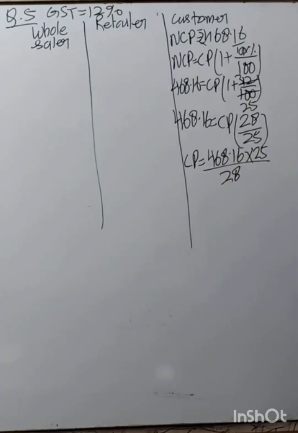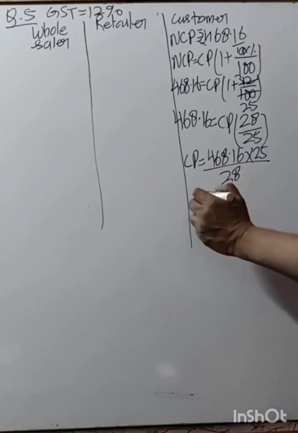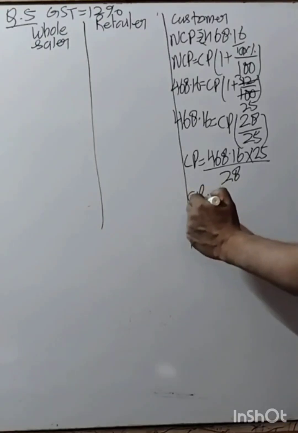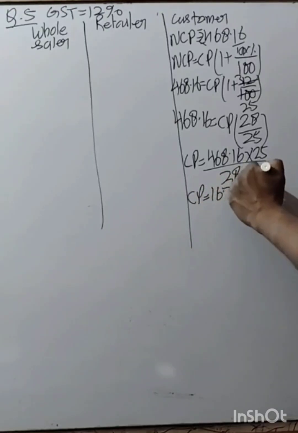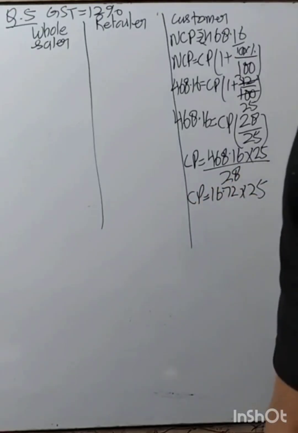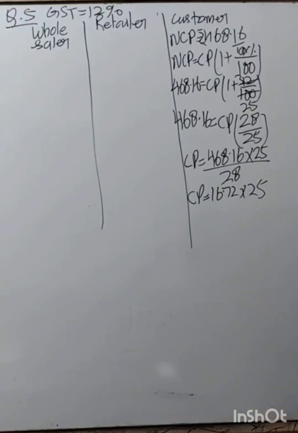When you do this, you get 468.16 divided by 28, which is 16.72, into 25.